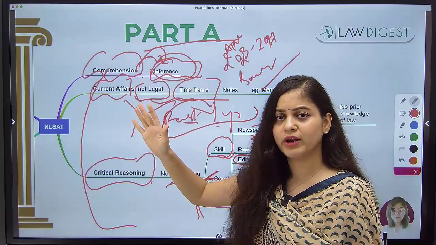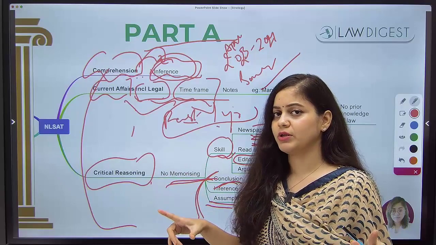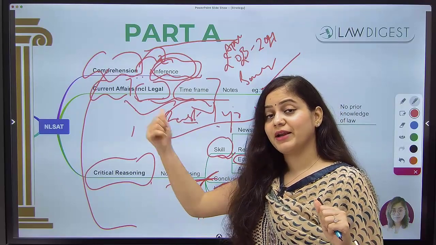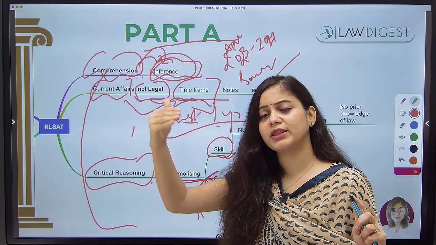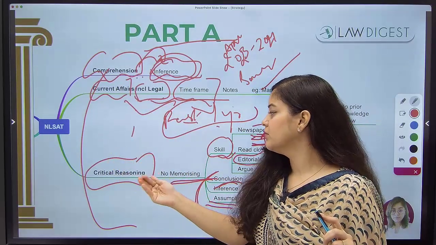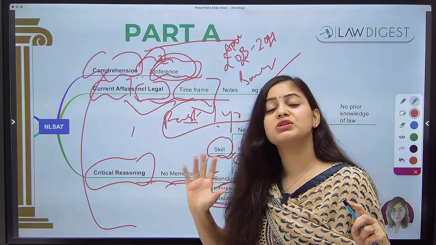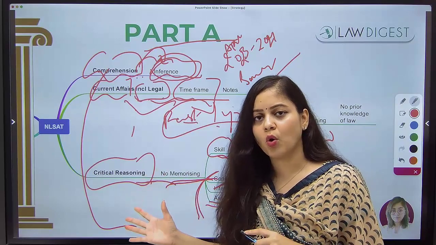If you want to prepare from your own end, if you don't want to enroll for any coaching, one thing to keep in mind is that there is no book for this examination. So how are you going to do it? Practice English reading comprehension from your 6th to 10th NCERTs. For critical reasoning, pick up GMAT material and practice from there, or newspaper, which you're already doing.